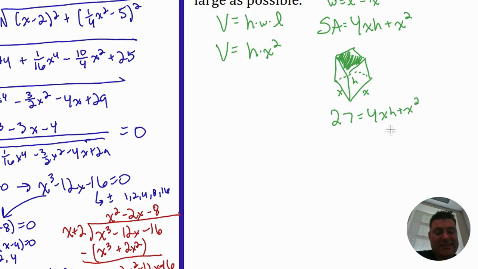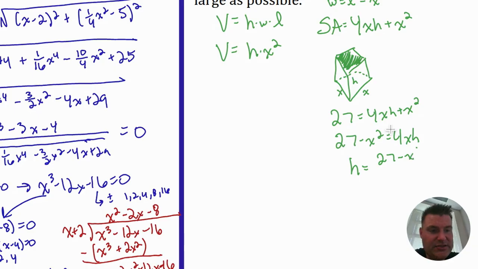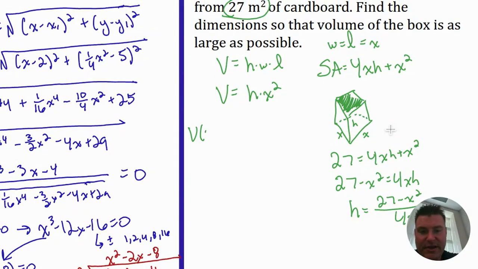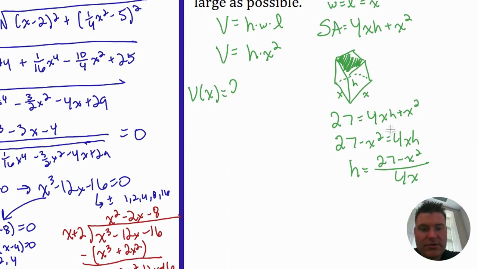Now I think it's easiest to solve for h and to eliminate h. So we're going to get 27 minus x squared equals 4xh, because the whole point of this is I want to be able to take the derivative not of multiple variables, of just one variable. So h here is going to equal 27 minus x squared all over 4x. So I can rewrite this volume as V of x, which is equal to 27 minus x squared all over 4x, times x squared.